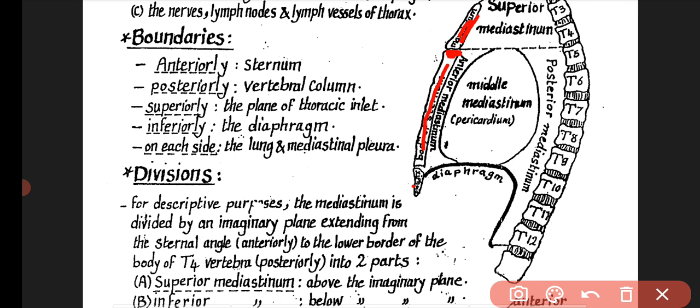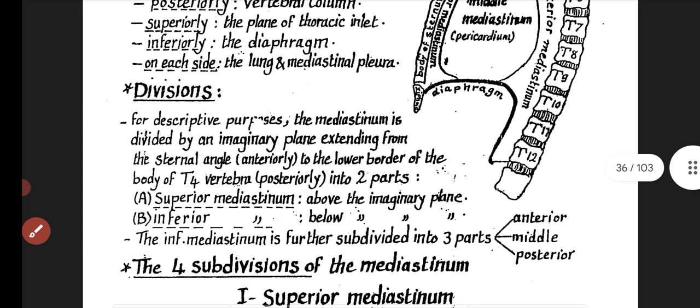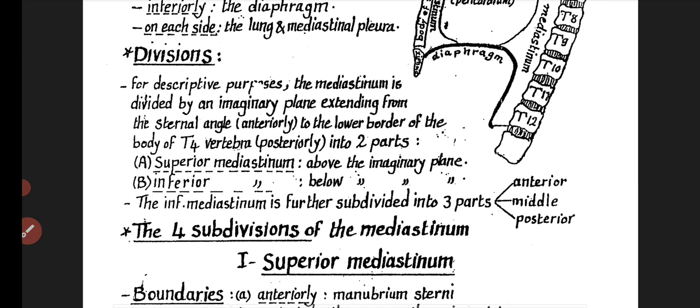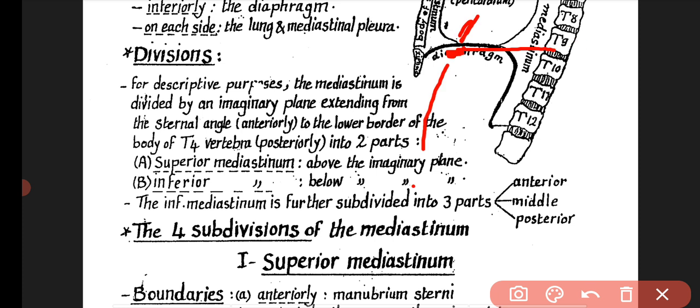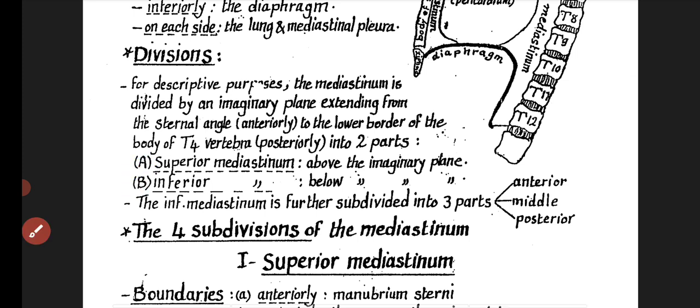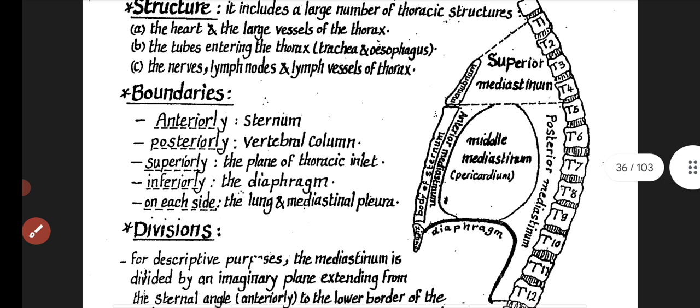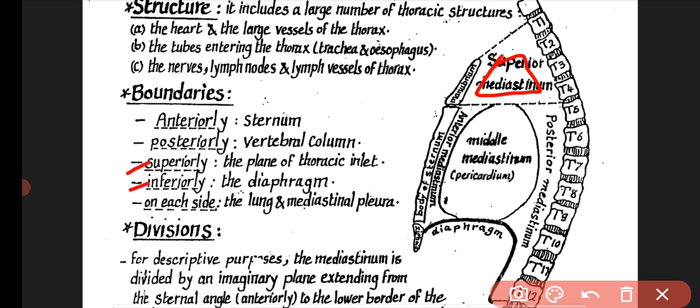So the imaginary line is drawn from the sternal angle anteriorly to the lower border of the T4 vertebra posteriorly, which further divides it into two parts: one is superior mediastinum and one is inferior mediastinum.